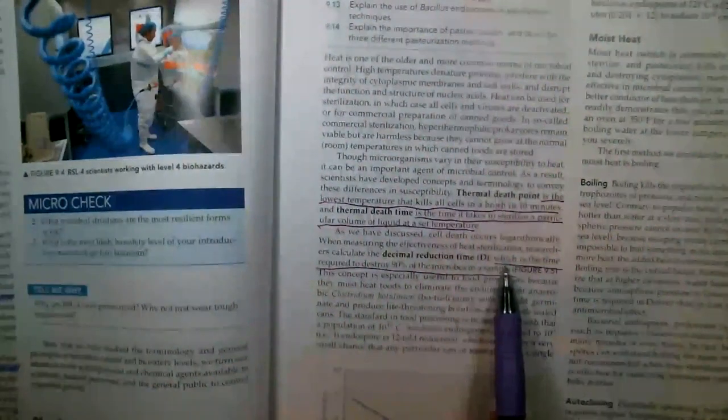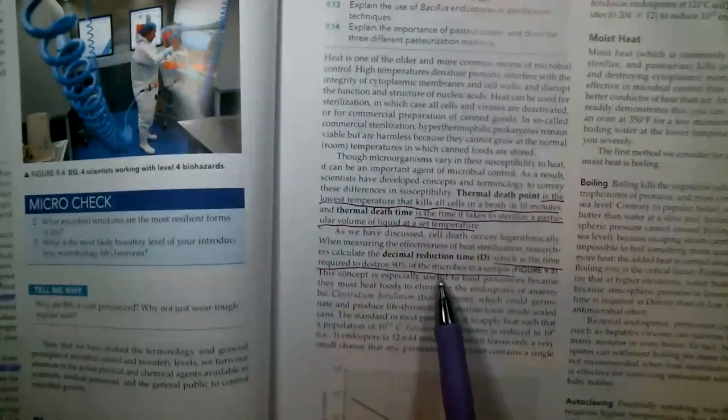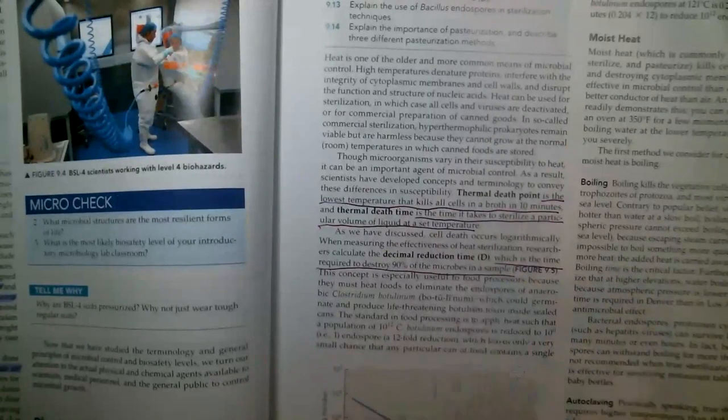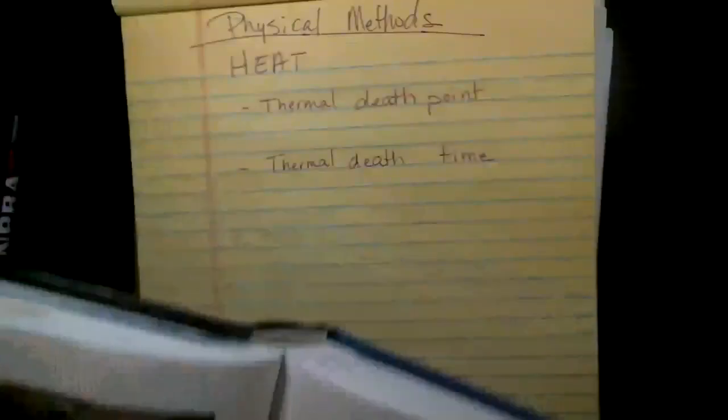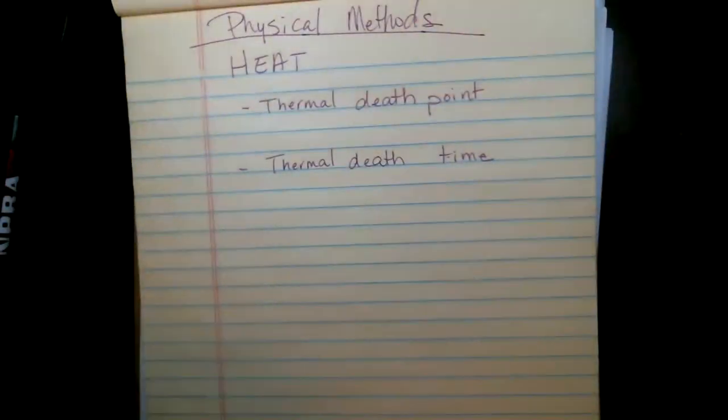If you can get something that will effectively kill 90% of all microbes in a sample in a reasonable length of time, you have a fairly effective disinfectant. That's something to consider, because we know it's very hard to destroy all pathogens and all microbes. However, with sanitization, we can reduce the numbers to create a more static environment that's less conducive for them to live and more conducive for us.